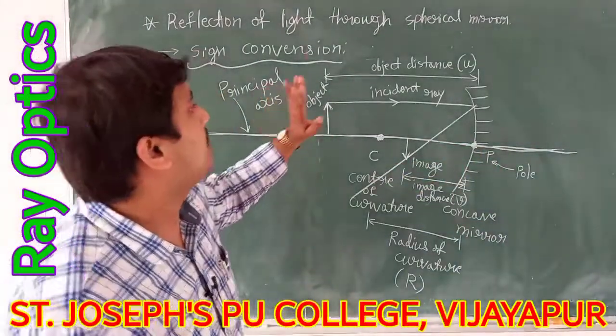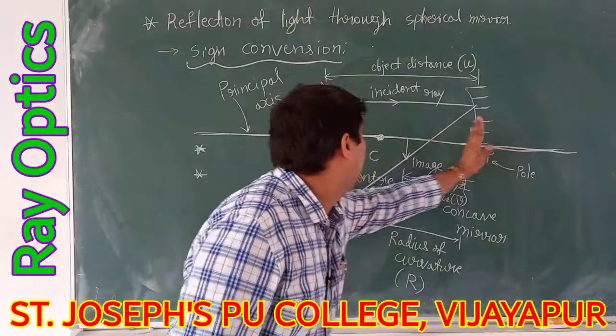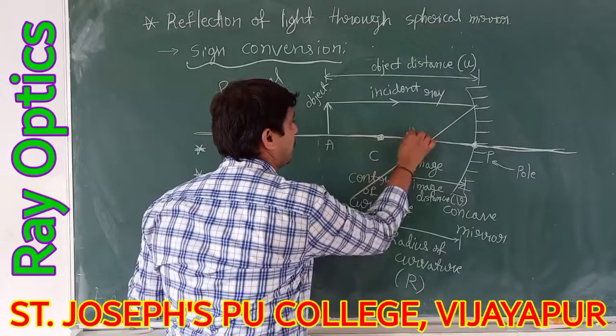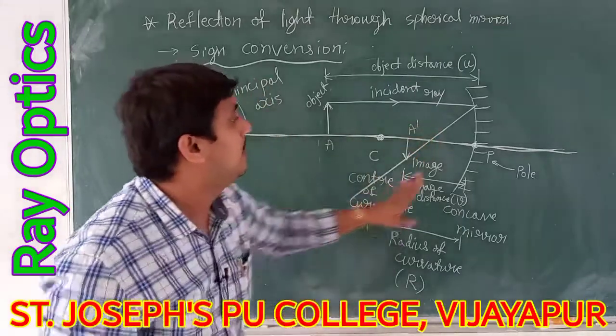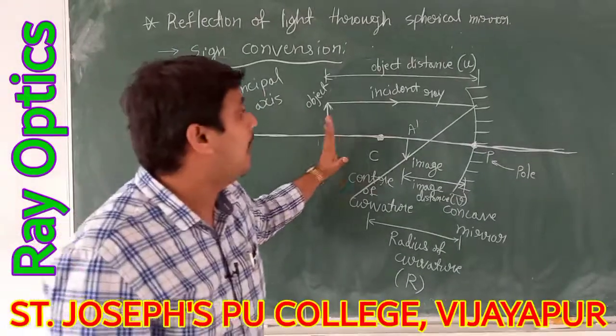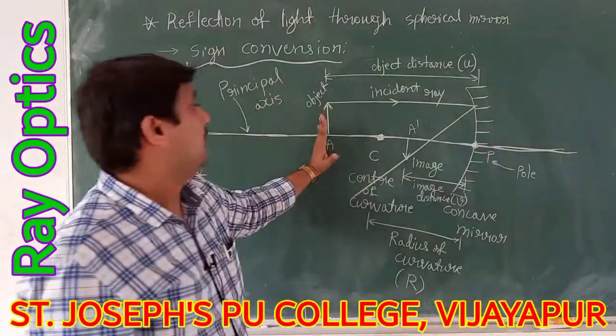Now I am going to measure the object distance. Object distance means P to this. For example, this is point A, this is point A dash, so P to A will be the object distance, because I have to measure from the pole to the object.